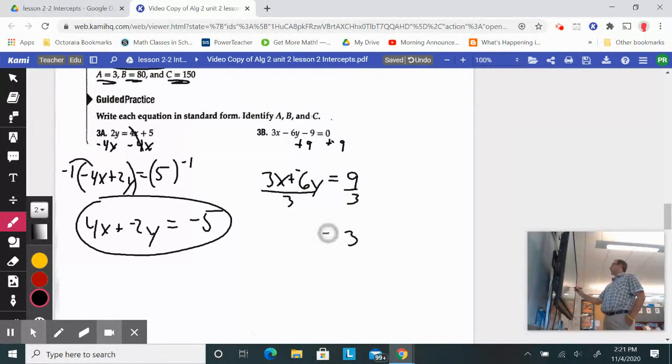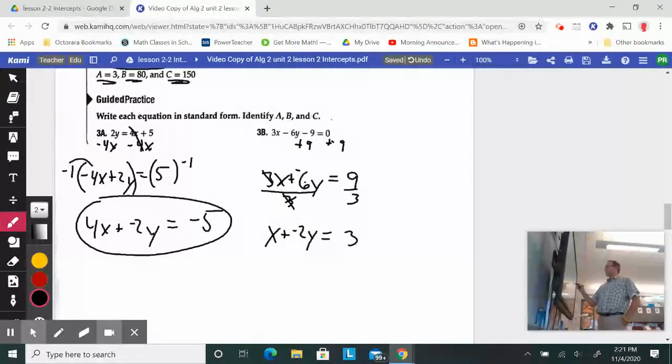So you get 3 here. And division, since it's really just multiplying by the reciprocal, you can distribute it like multiplication. So you're going to divide the 3 into 3. They cancel out and become 1x, or x. And then you look at the negative 6 and the 3. They would simplify, and this becomes negative 2y, so plus negative 2y.